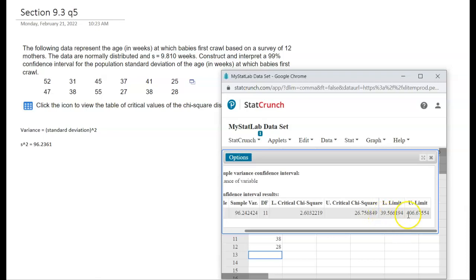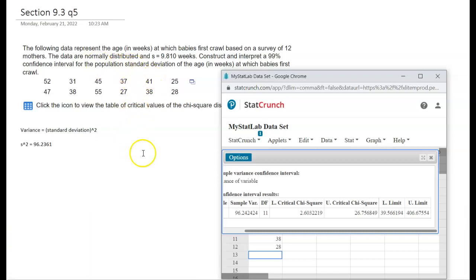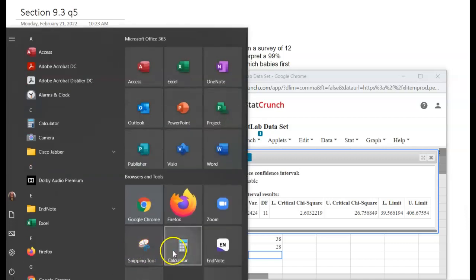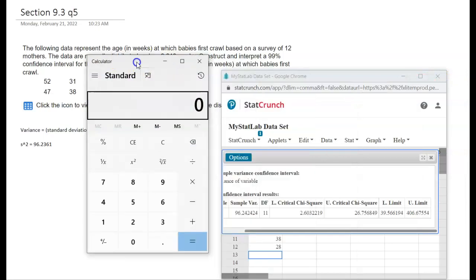What we need are these lower limits and upper limits of our confidence interval, but these are the variance confidence interval. So the lower limit is 39.566194. But if I want to know the lower limit of our confidence interval for our population standard deviation, then I need to use a calculator and take the square root of that.